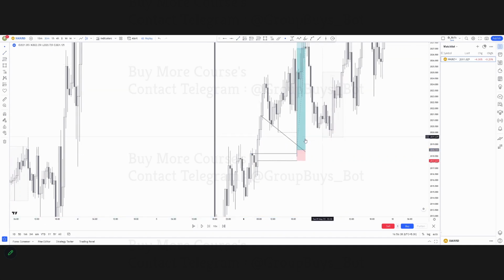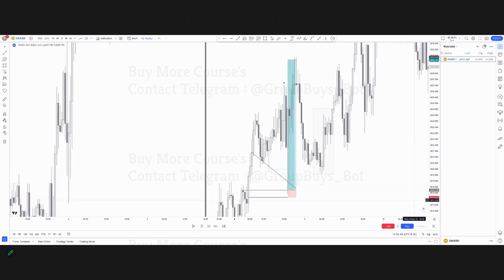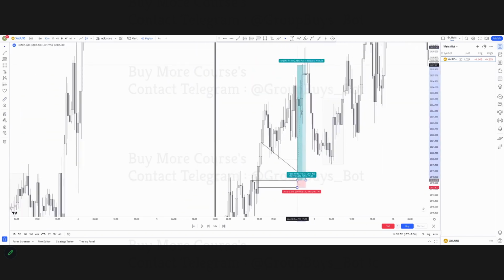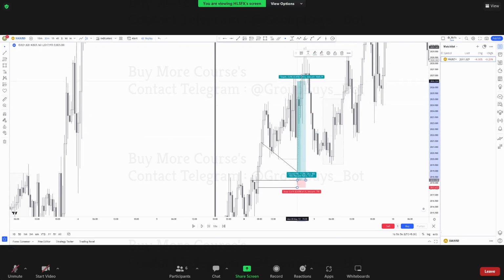Now this is a refinement, or MTF. We call this concept MTF. Once it gives immediate rejections like that, you can break even your trade. Where is 1000?